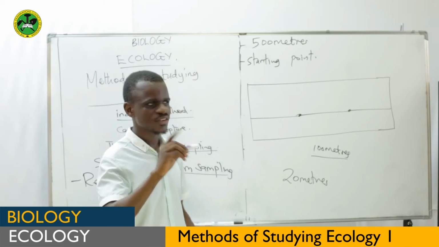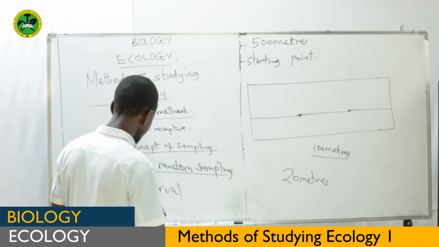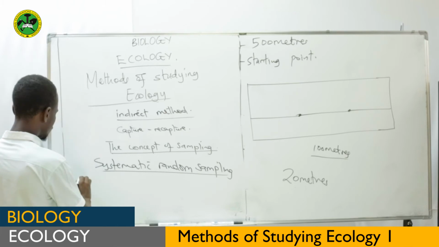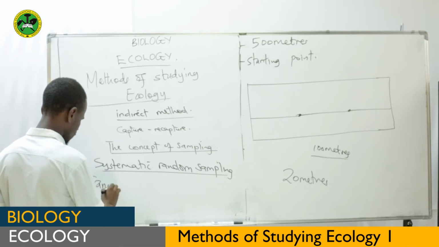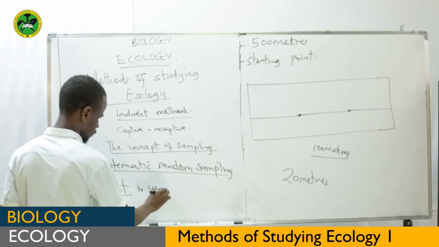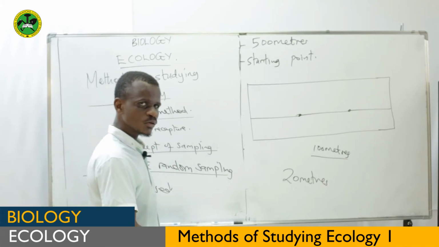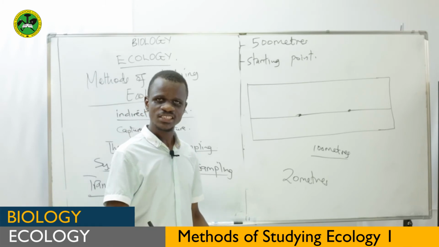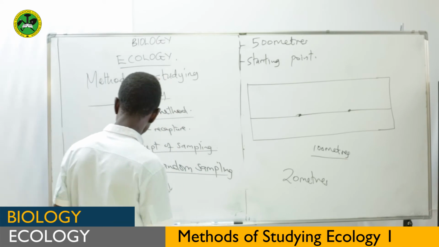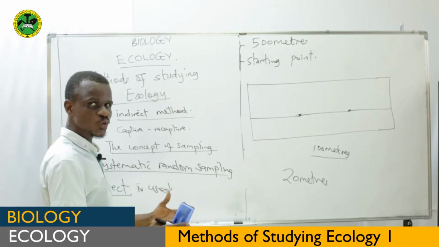Therefore, my students, in systematic random sampling, a transect is used. As we go on, we will know the detail of transect. A transect connects between 2 points.